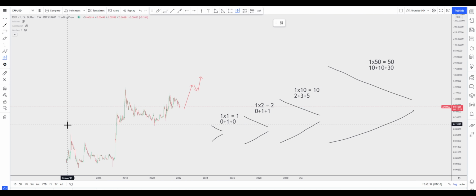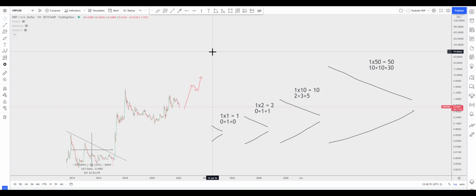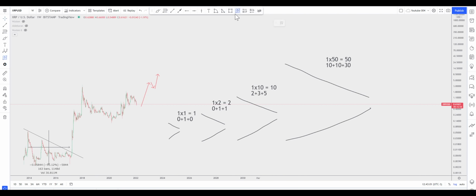Let me give you another example here. So here we had a 1,148 days structure. So let's do something like this, just for you guys to have a better idea. 1,148 days. So I will delete his expectation.